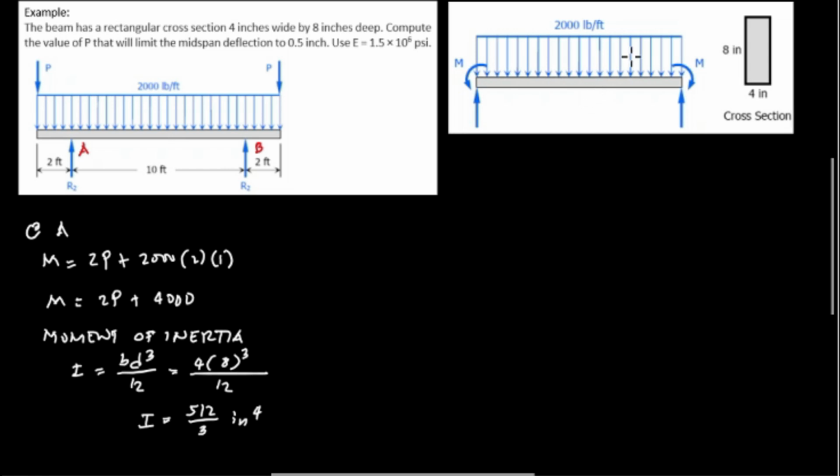the combination of superposition: the value for the deflection of the uniform load, and the end moment for both sides.